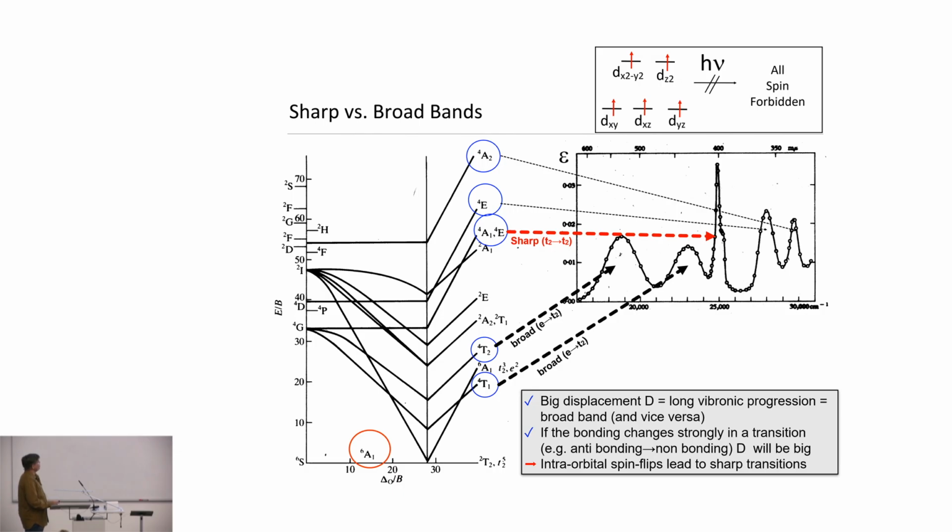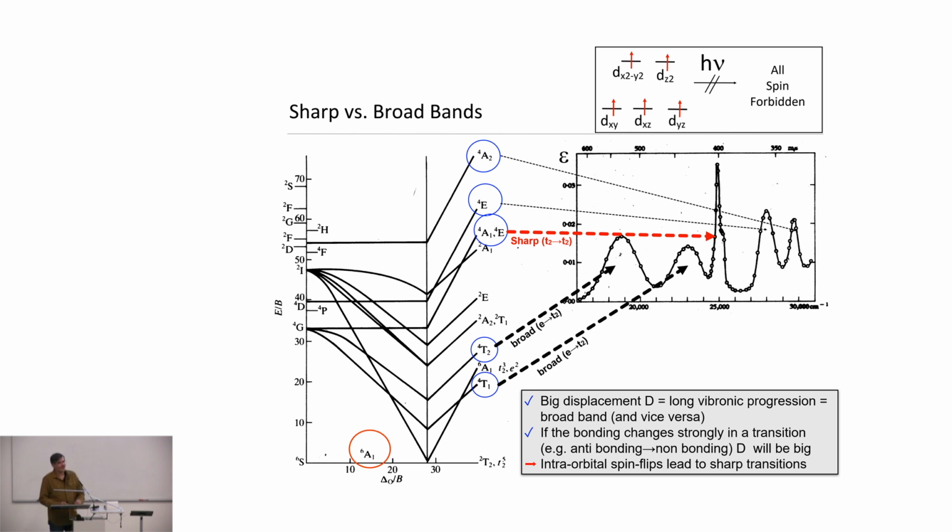But what you see here is that there are a bunch of transitions, here sextet A1 to quartet T2 and quartet T1, that are relatively broad. Yeah? And then there are these states here that are very sharp, and according to the Tanabe-Sugano diagram, they're quartet A1 and quartet E. And so why are these so sharp and these so broad?